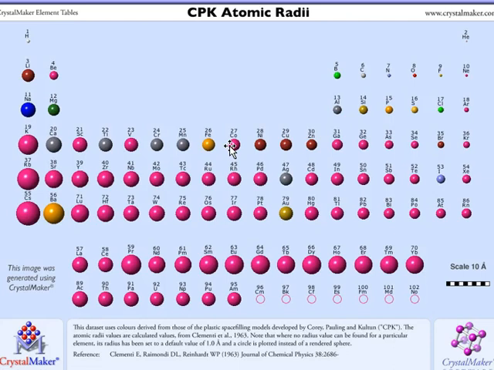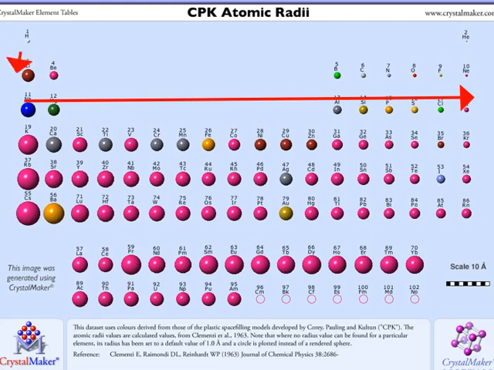As we go from left to right across the periodic table, I hope you can see that the radii are decreasing. It's getting smaller as we go from left to right across a period. So if that particular arrow is sitting on the third period, as we're going from left to right, it's getting smaller and smaller and smaller.